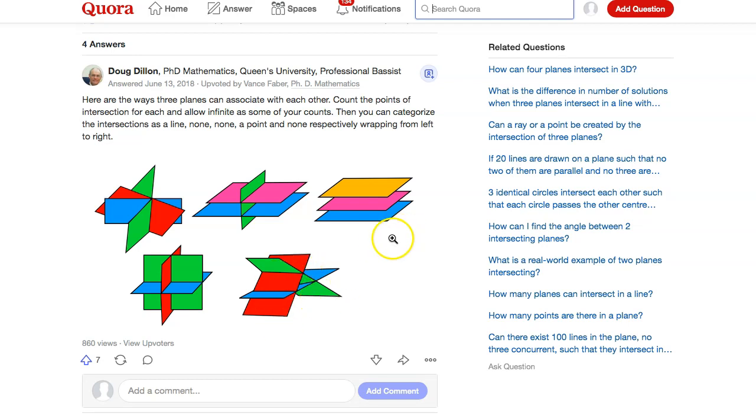Who knows? These are equations like ax plus by plus cz equals d, right? All these equations are of that format. A plane is an equation of the form ax plus by plus cz equals d.